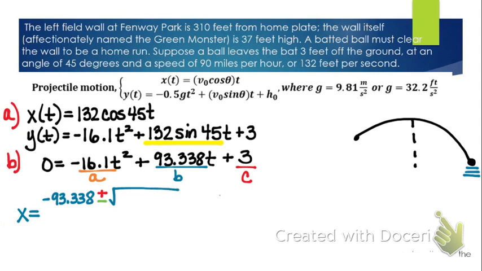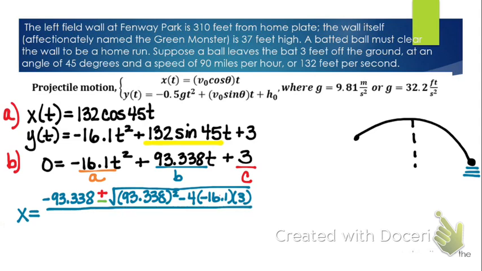Plus or minus the square root of b squared minus 4 times a times c. And that's all divided by 2 times a.